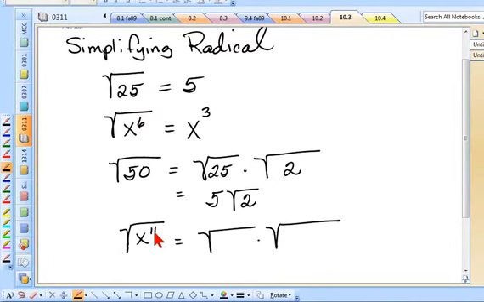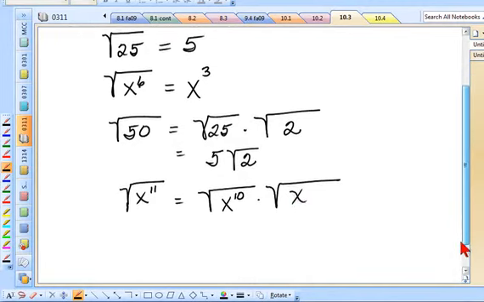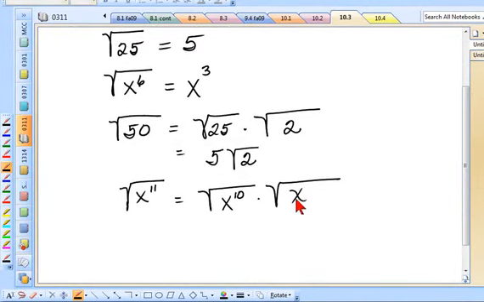But if you simply take one away from any odd number, you get an even number. So if I take one away, I'll have x to the 10th. The one that I took away goes into the back radical. X to the 10th times x to the implied first is x to the 11th. The square root of x to the 10th is x to the 5th times the square root of x. And that is the simplified form of that.